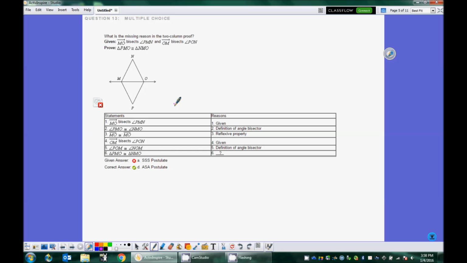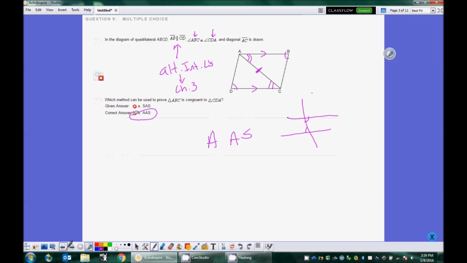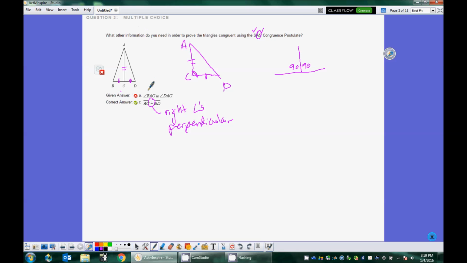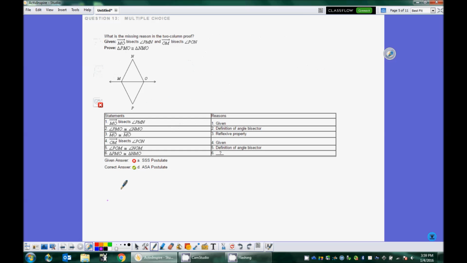Okay. So here, basically what I tell people is anything that's marked in your proof that they already gave you, make sure you mark it on the diagram, because once I've got the diagram marked, it works the way you did these earlier ones. So yes, you always start with the given. That's always going to happen.